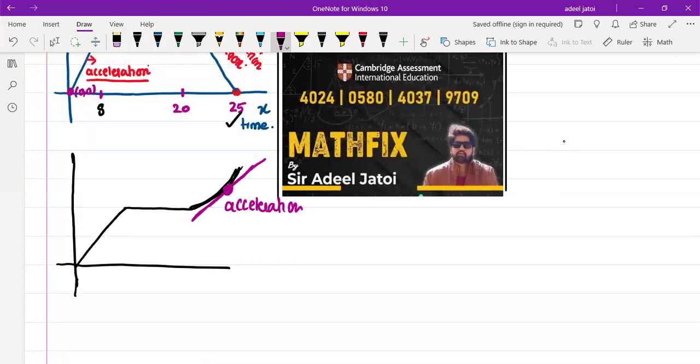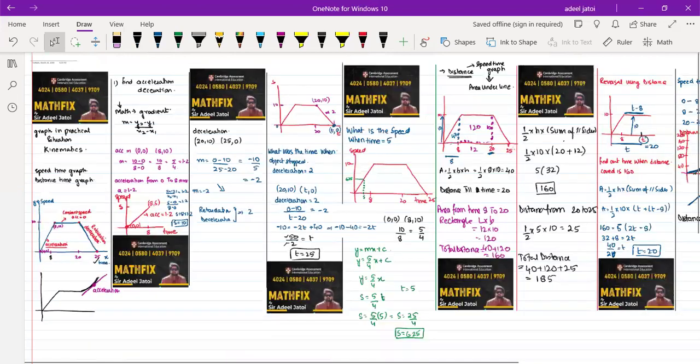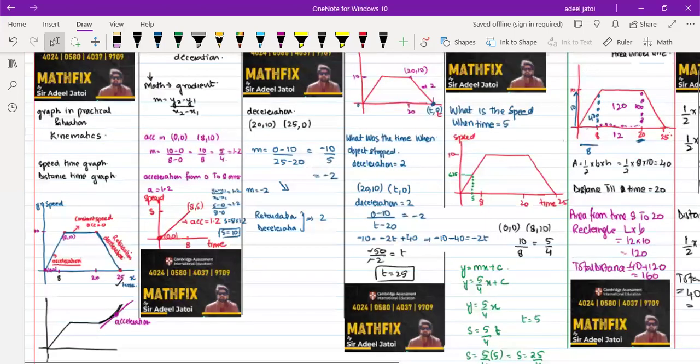So tangent will give me my acceleration. You cannot find out the entire curve acceleration. At that point on the curve, you can find out the acceleration only using the gradient method. So this was all about kinematics, where you will be asked speed time graph and the distance time graph.